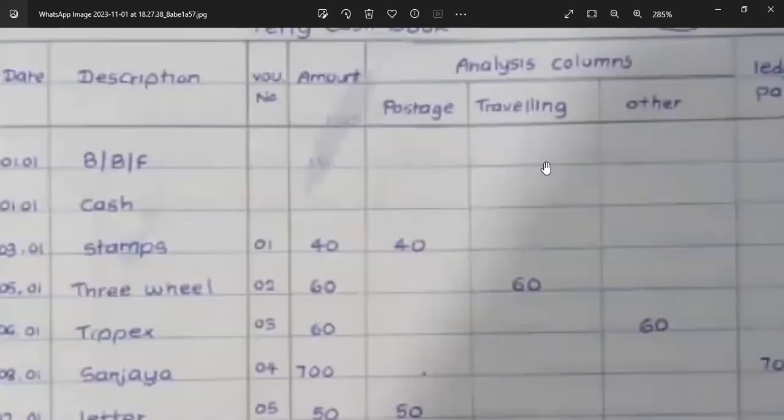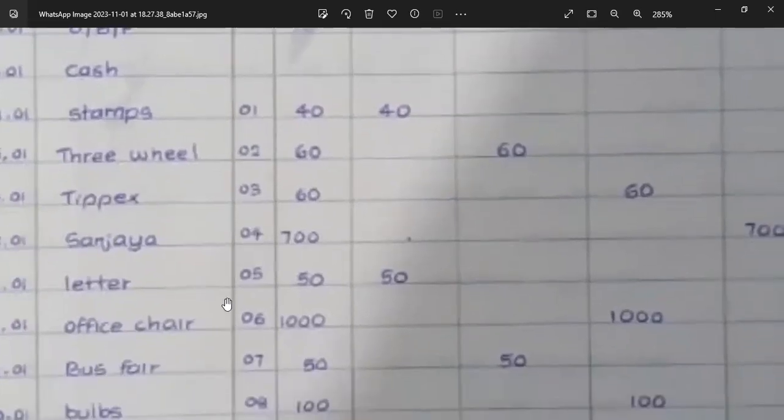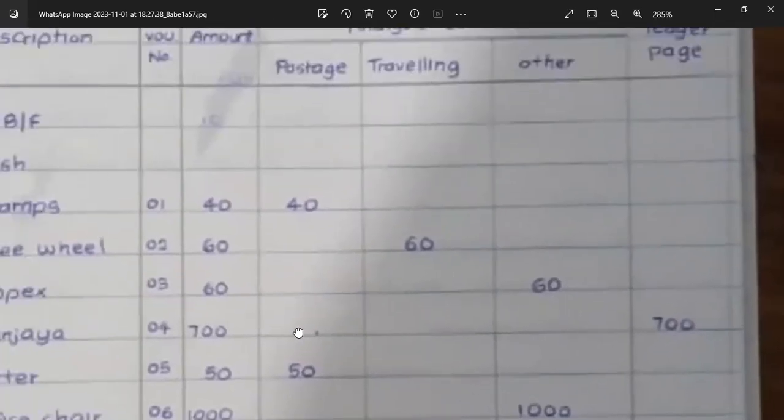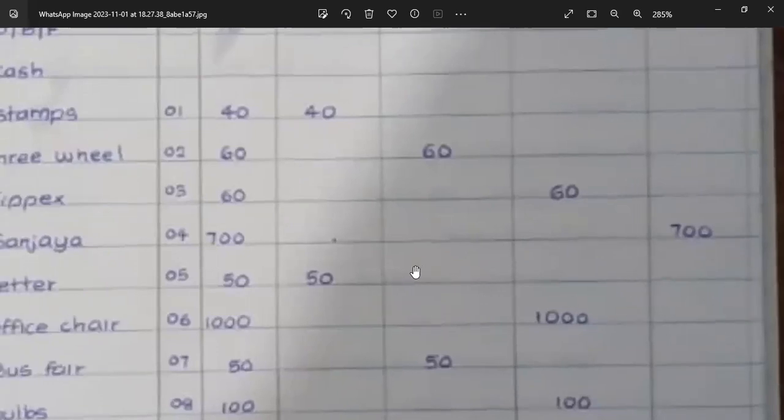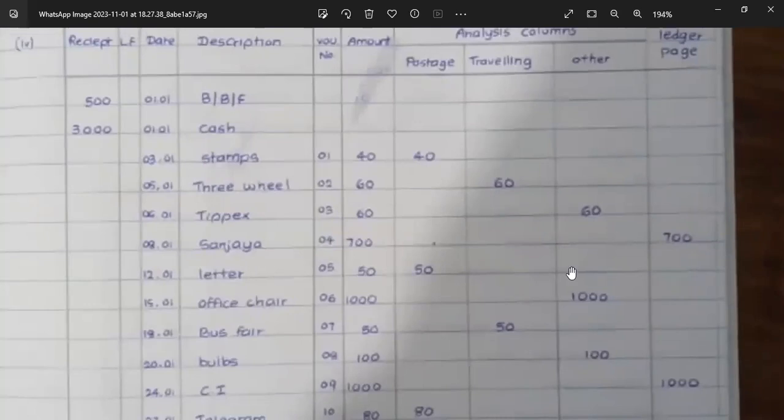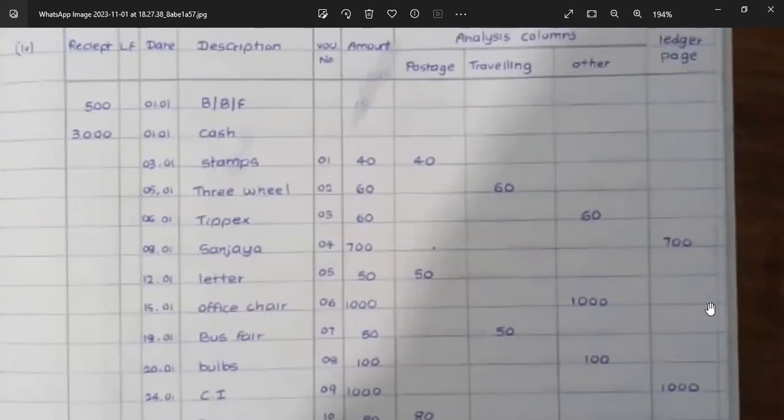Right? No problem. Here, office chair 1,000, you need to write it in ledger account because we need to take it as a separate element to our ledger. So you don't write it in other, write it in ledger account.